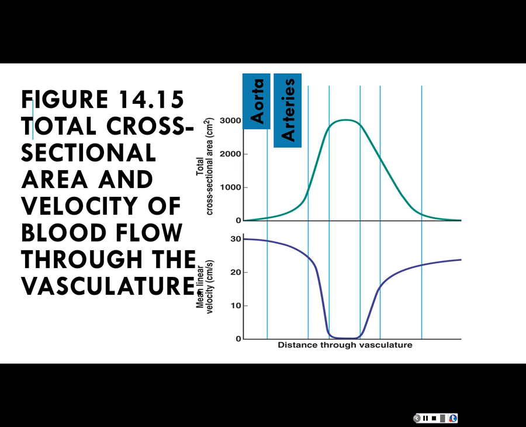The distribution of cars, the distribution of blood, the speed is different because the size of the vessels is different. So they serve a similar capacity in transport, but because of the way they're made, they don't transport at the same rate. Does that make a bit of sense?